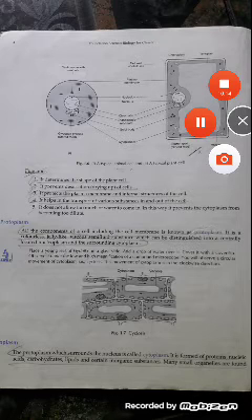Now, we are going into the next topic, ribosomes. Ribosomes are extremely small round bodies found either in the free state in the cytoplasm or attached to the surface of the ER.